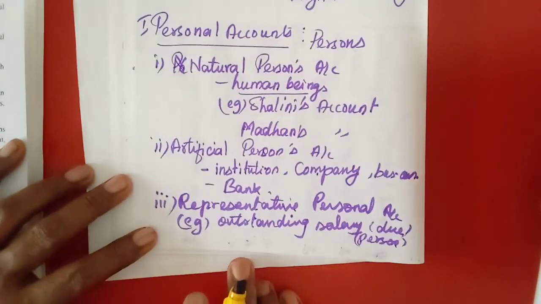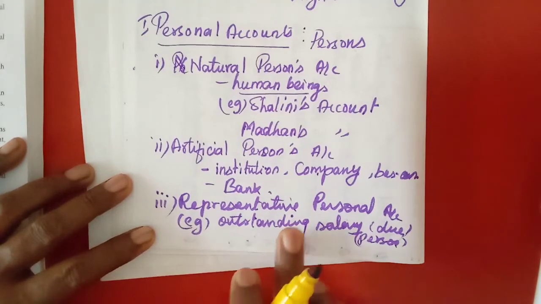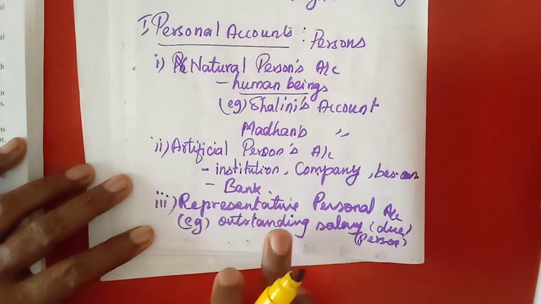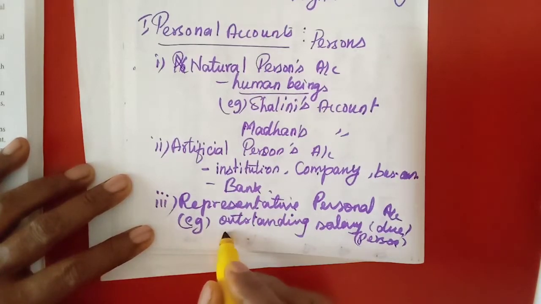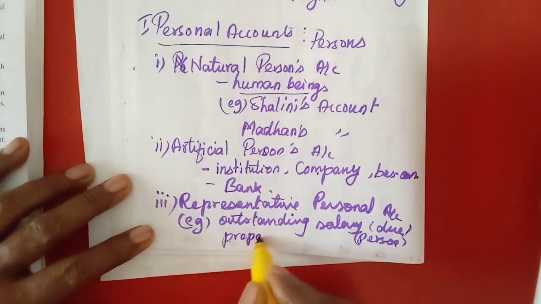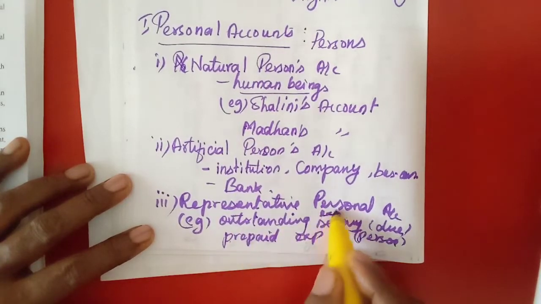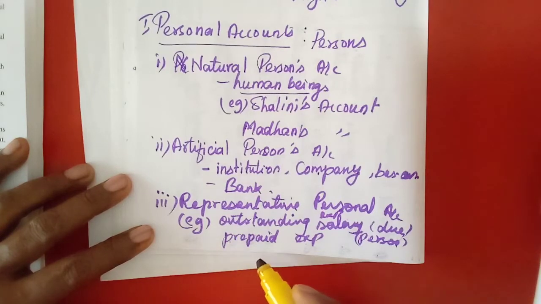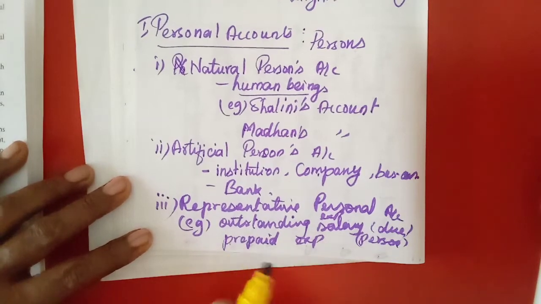That is why it is considered a representative personal account. This account represents a person. Outstanding salary, then prepaid expense, outstanding expense, then income accrued or not received, and income received in advance. All these will come under representative personal accounts.